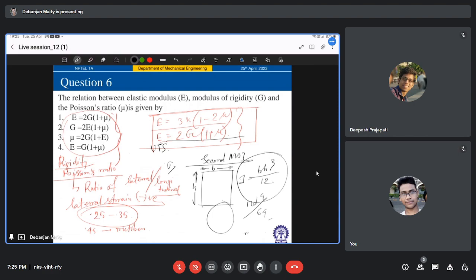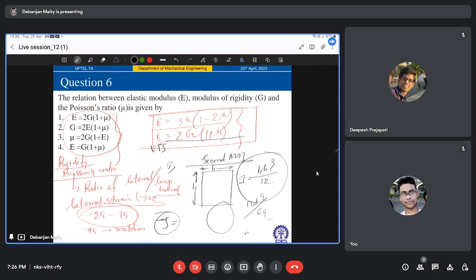I hope you are familiar with polar moment of inertia also. Polar moment of inertia is usually abbreviated as J, which is the sum of any two moments of inertia about axes at right angles to each other, right? So you have the polar moment of inertia taken about an axis perpendicular to the plane of the other two axes.